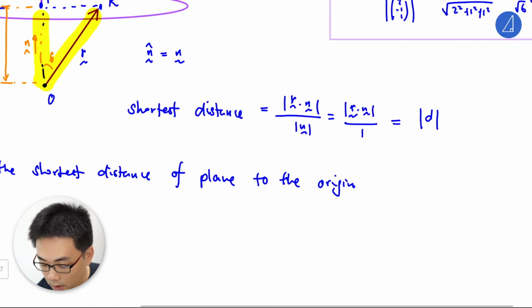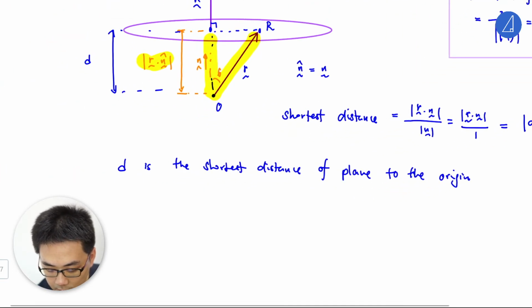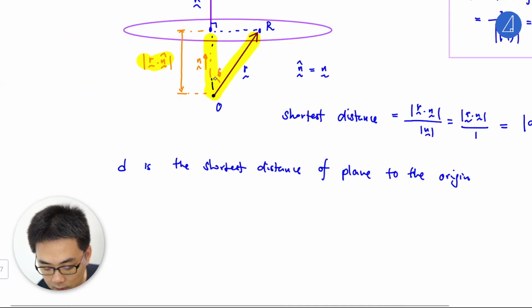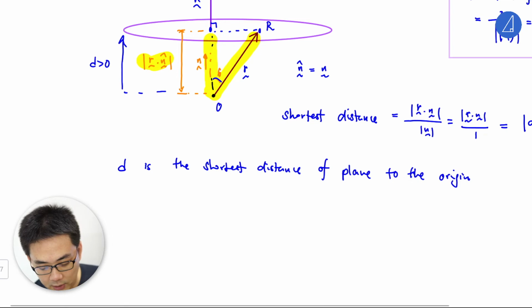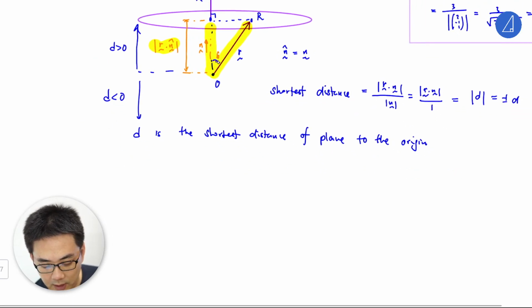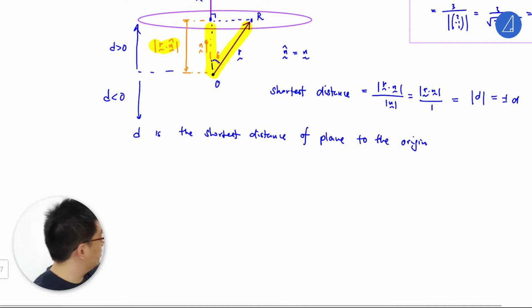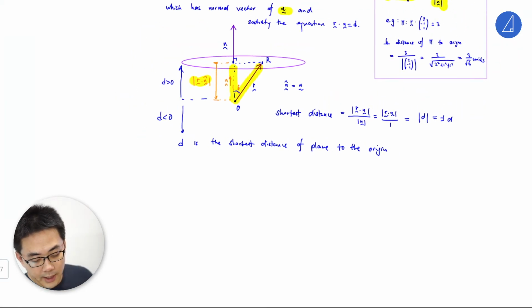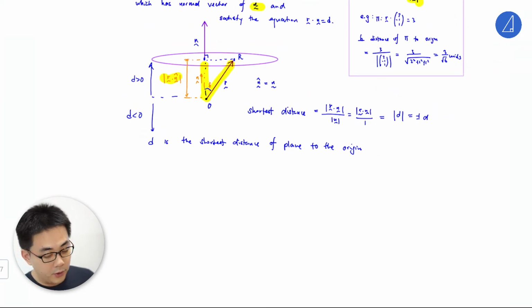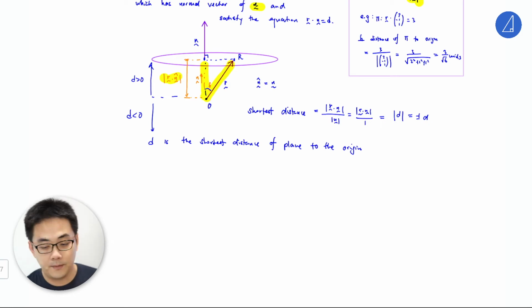Okay, d here can be plus or minus. That's the thing. If it's plus, obviously this angle is acute. So when d is positive, it is above in this direction. If d is negative, you're looking at this part because theta would be an obtuse angle. So when it's acute, d is positive, meaning it's a displacement from the origin parallel to n.